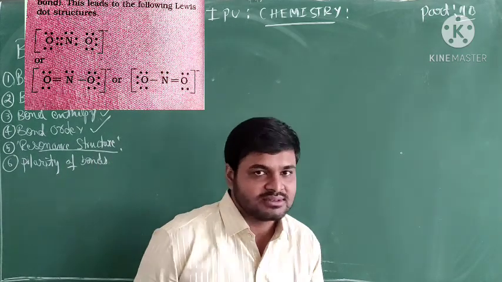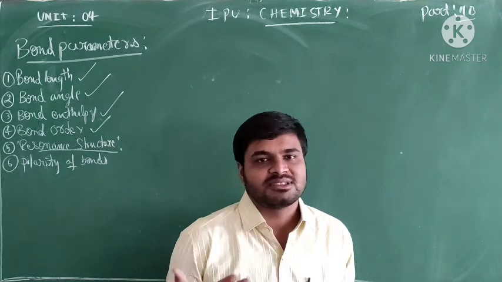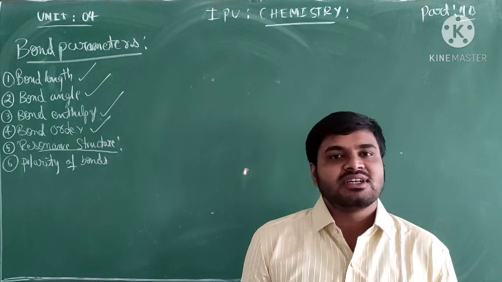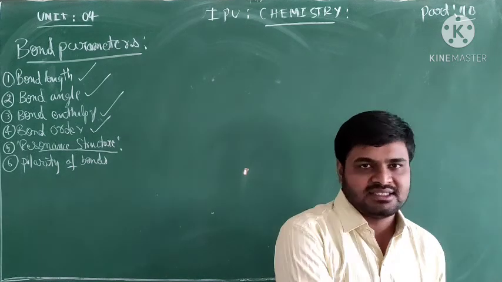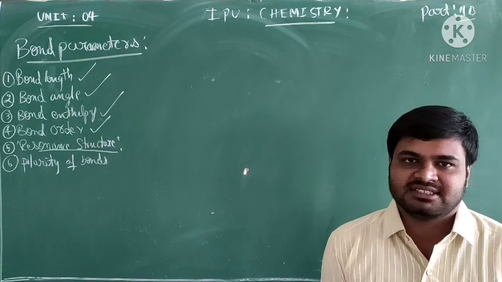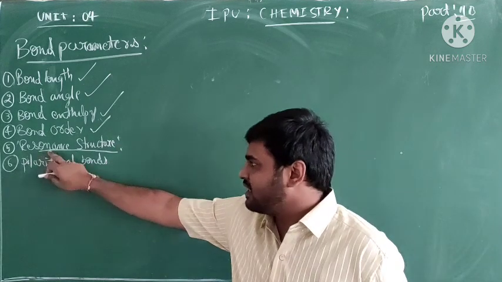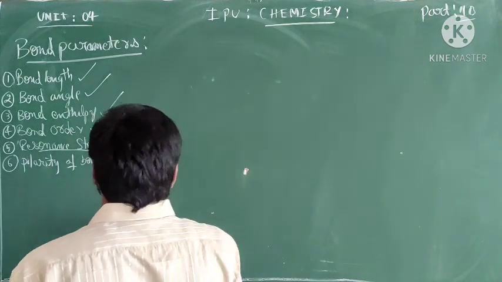So these Lewis structures, the several forms that are there, are called canonical forms. The canonical forms go into a hybrid structure. So this is called resonance structures. Let us know the definition of resonance structures.